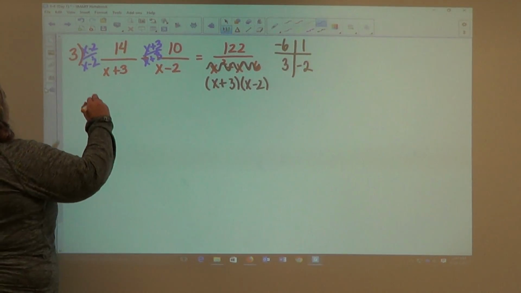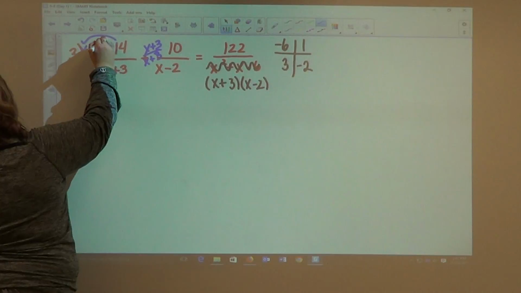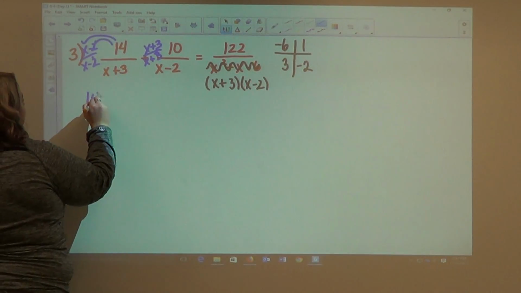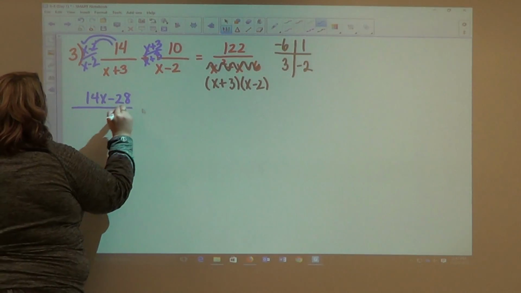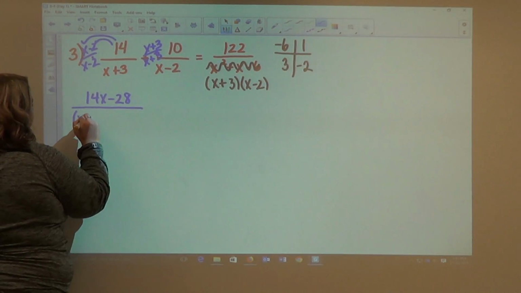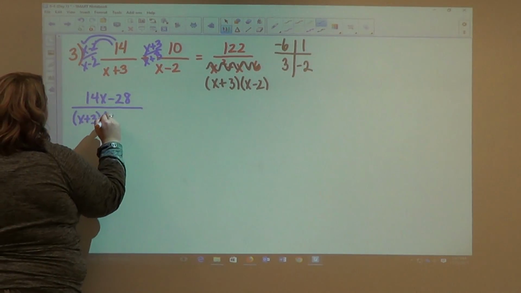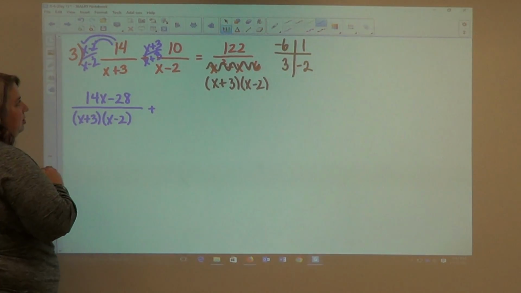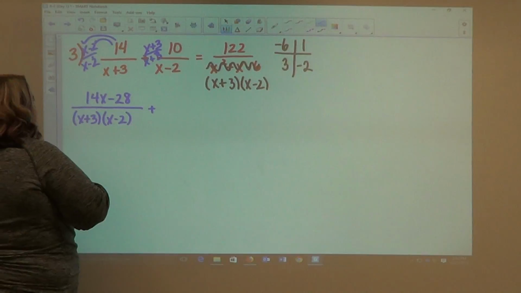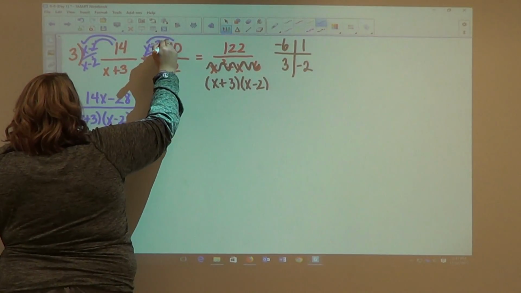Okay, so on this first one, I would distribute, so I would have 14x minus 28 over x plus 3, x minus 2. Then I would have my plus. Then I would go to my next fraction, distribute.